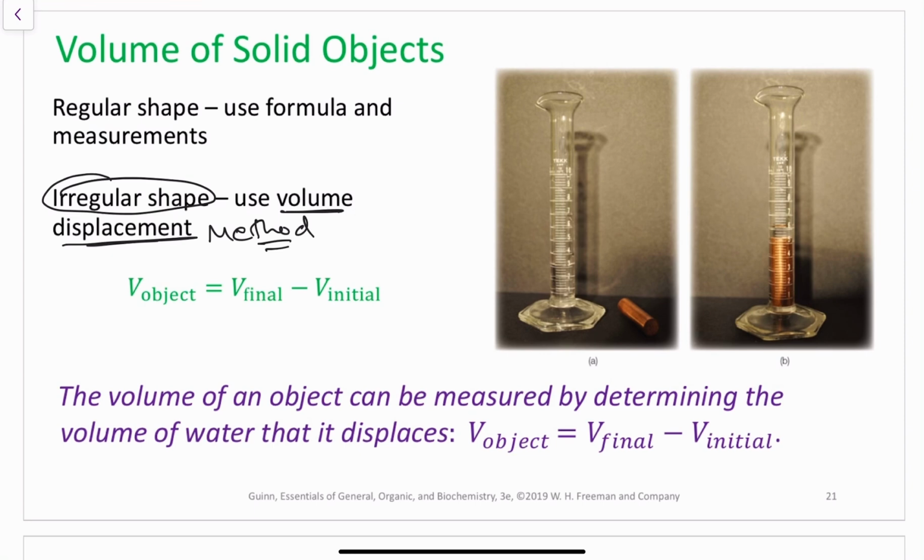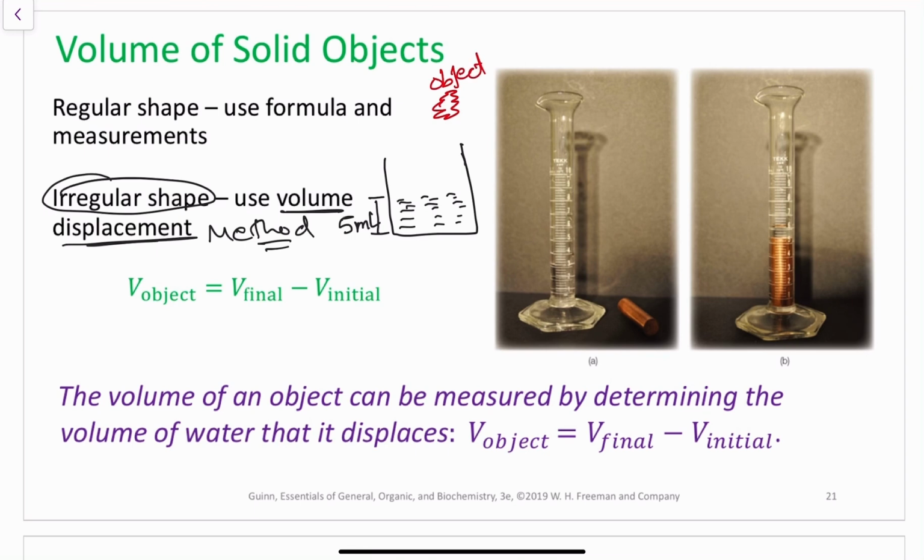For example, let's take a graduated cylinder with a liquid in it, and we measure the volume within that cylinder. Let's say the volume right now is 5 ml, right? And we want to calculate the volume of this irregular object.